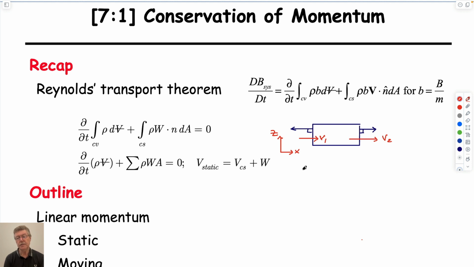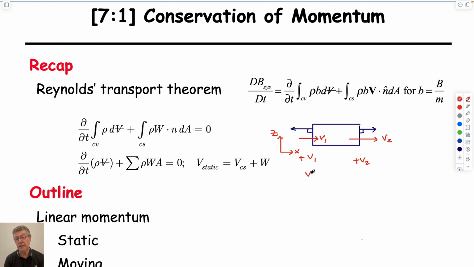And if we put units on this, then this velocity V1 is in the positive X direction, so it would be positive. This velocity V2 is in the positive X direction, it's V2.